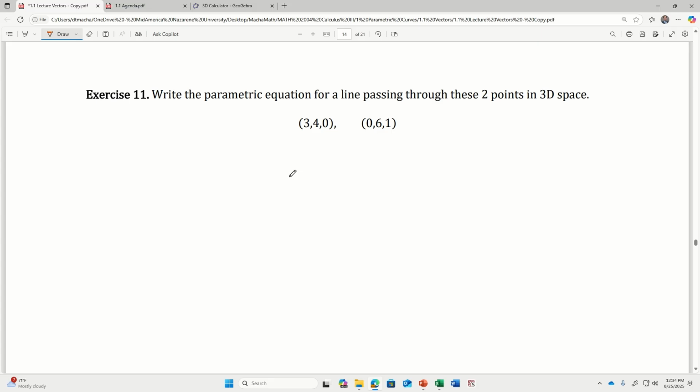Okay, write the parametric equation for a line passing through these two points in 3D space. How should I do this, Mikey? Start by making a point A, point B. Okay, yeah, let's label them.